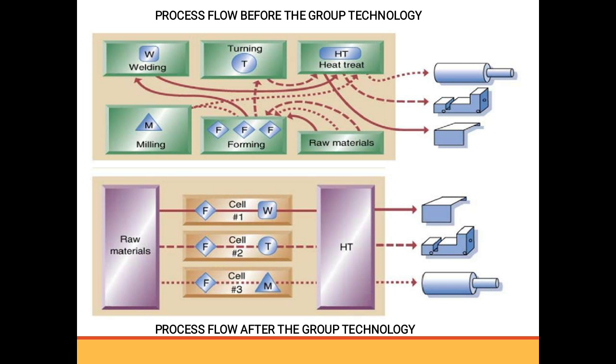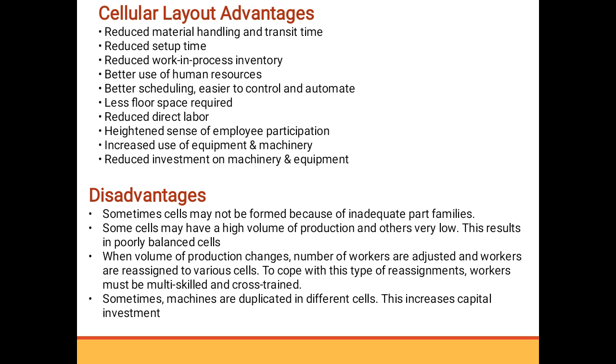Because if we consider the process flow before the group technology layout, every part needs the forming operation. So on one side we can group the forming machines as per dimensional similarity, and then each component is to be transported to the next section.